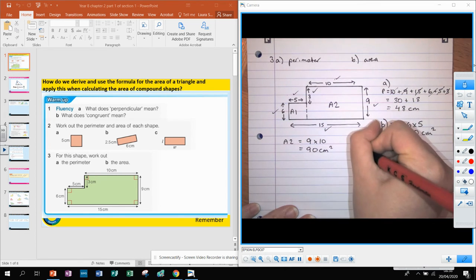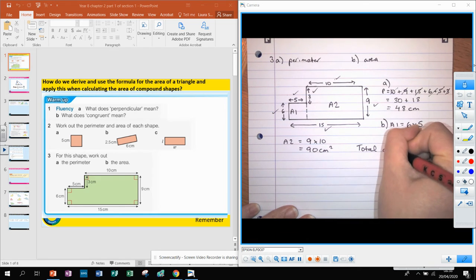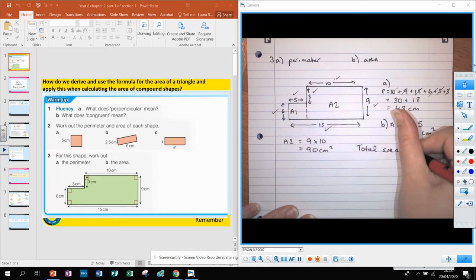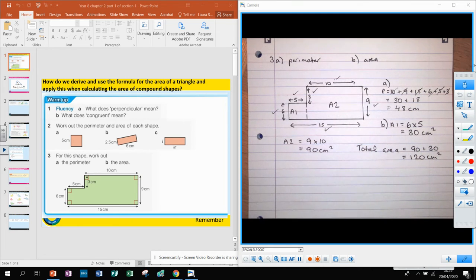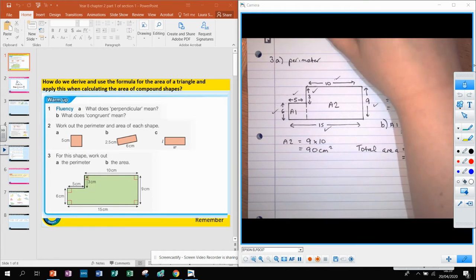So finally, to get the total area, we're going to add those together, and the total area is equal to 90 plus 30, which is 120 centimeters squared. All right, so hopefully that makes perfect sense to you. And let's move on.